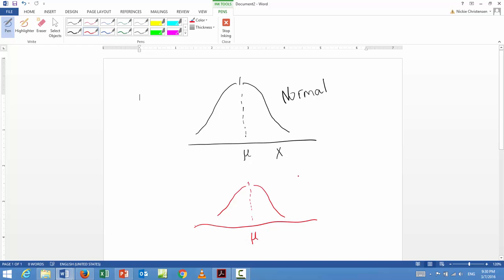But remember, the standard normal always has a mean of 0 and a standard deviation of 1. And values on the standard normal are called Z values, or Z values if you want to speak British English, which I hope you don't.